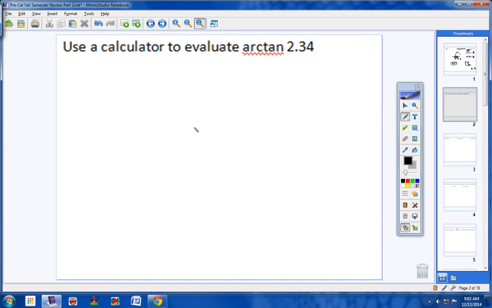Okay, now sometimes I'll let you just use a calculator. No problem, here we go. Arc tangent of 2.34. We're going to rewrite that like this. Tangent of an angle equals 2.34. Now students, you should know what to do. Remember, with your calculator, anytime you're looking for an angle, you hit second and then whatever your trig function is.